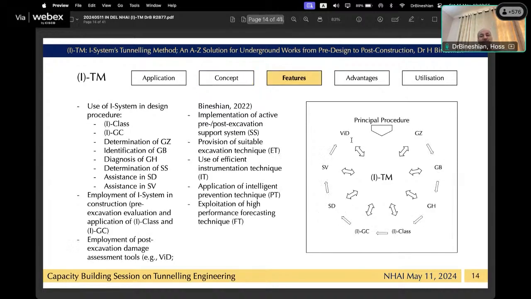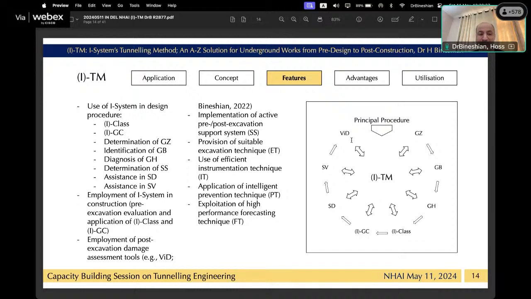What are the features of ITM that make it different from other existing tunneling methods? It is using I-system in the design procedure for classification, for characterization, for ground zoning, for ground behavior identification, for ground hazards identification, for determination of support system, for dimensioning and verification of the measures.